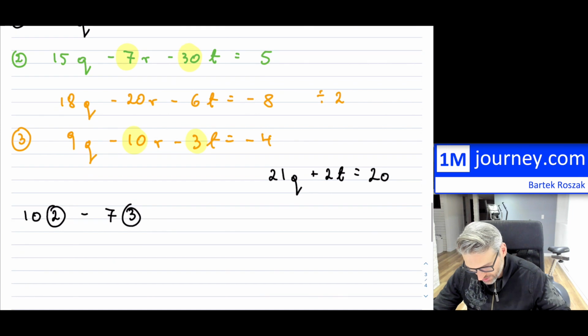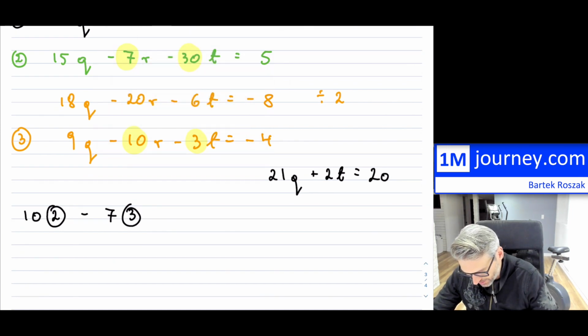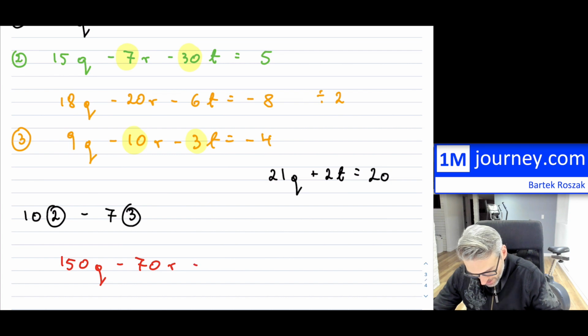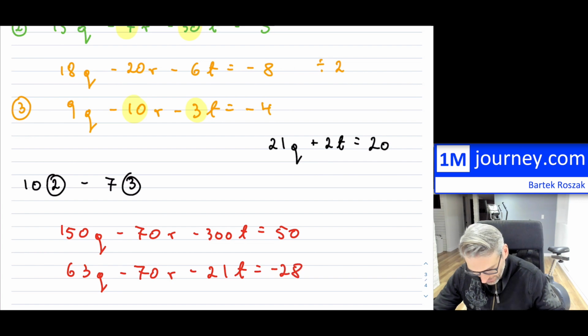So if I do this, let's see what we get. If I multiply equation 2 by 10, I get 150q minus 70r minus 300t is equal to 50, so it's very ugly. My equation 3 by 7, so 7 times 9, that's going to be 63q, minus 70r, and then minus 21t is equal to minus 28.